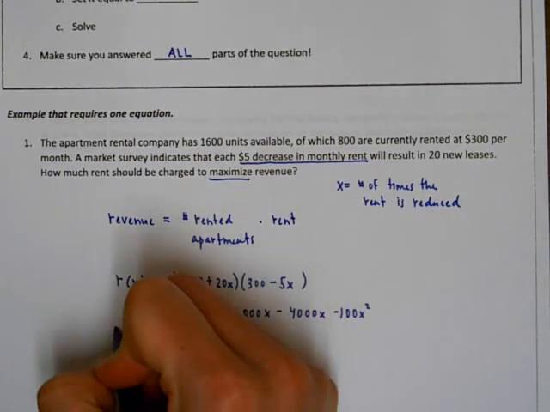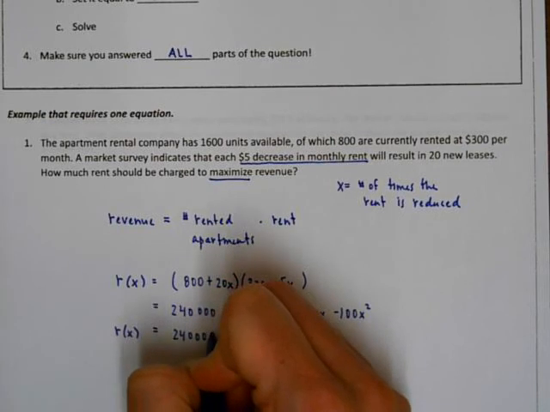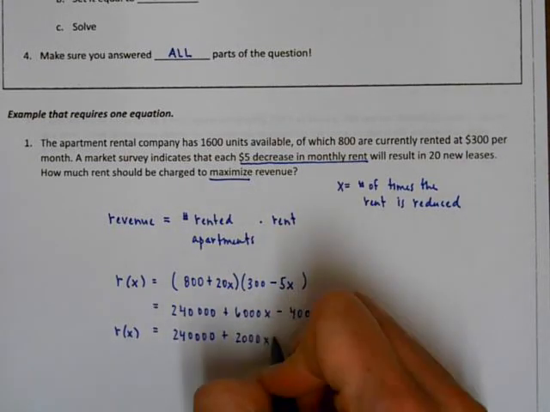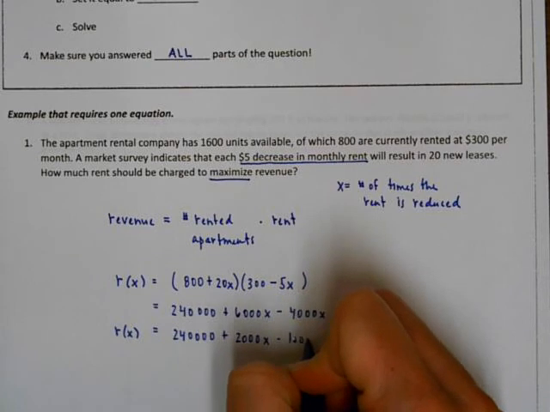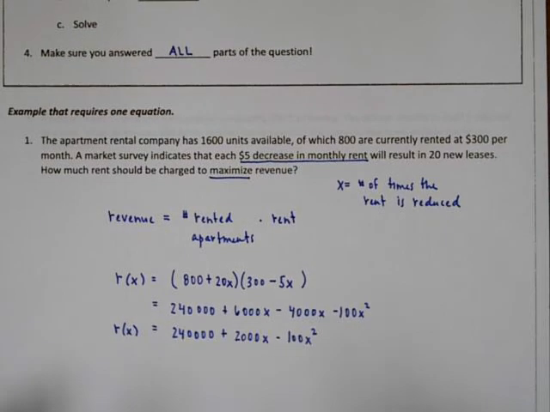So if I simplify that a little bit more, I've got 240,000 plus 2,000x and then minus 100x squared. So there's my equation that models my situation. And again, I have one equation, just one unknown, so we're all set.